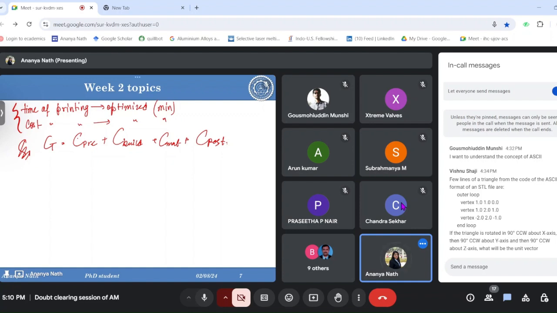In this formula there was an assumption. First assumption is that no cost is added here to make the real part and the CAD model. So the cost and time related to making the support in the 3D model is not taken here.